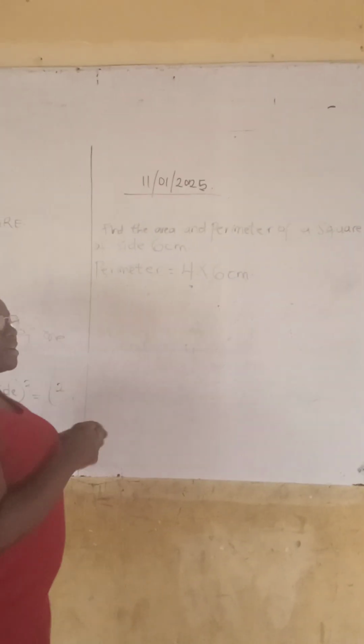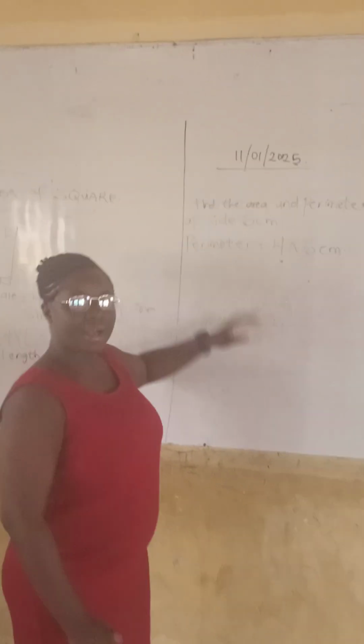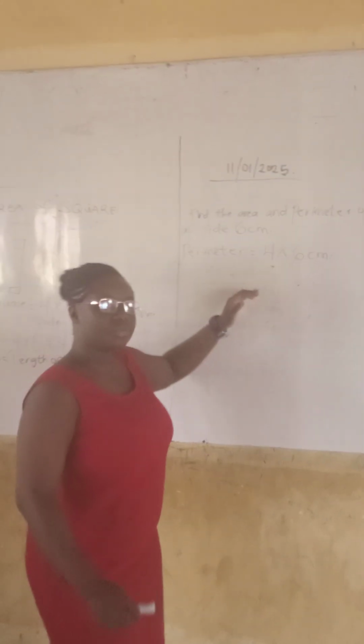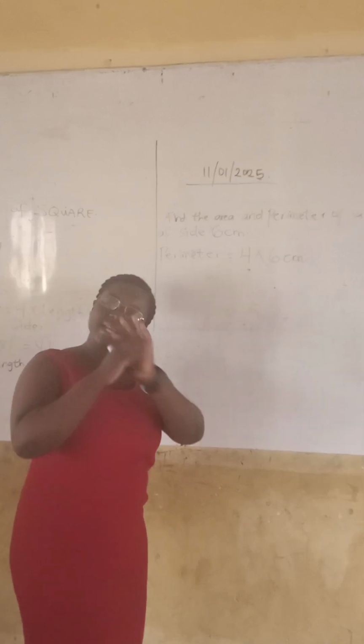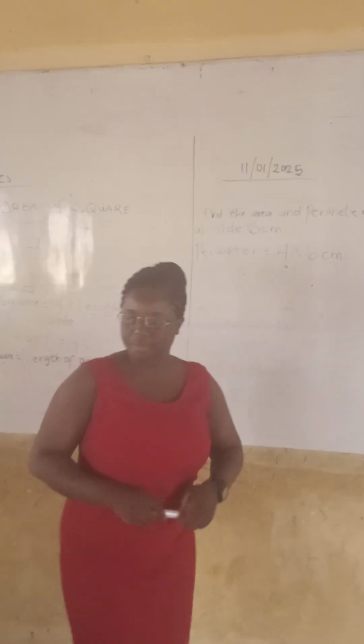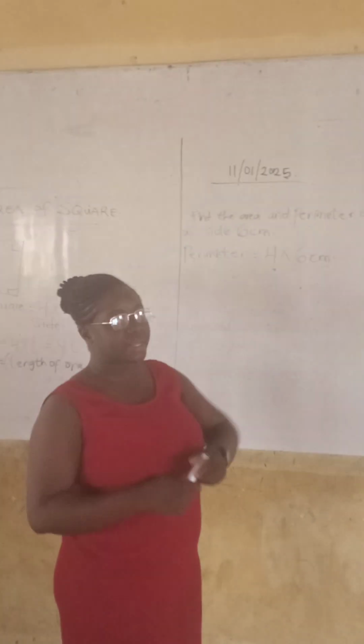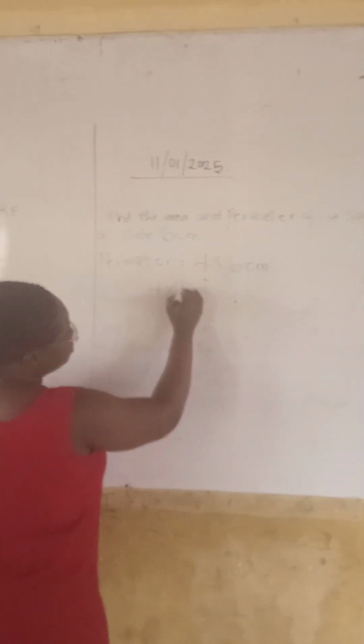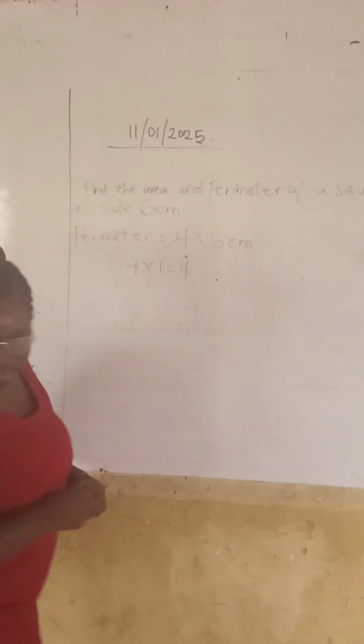Whenever we are doing multiplication, I always tell learners that we use repeated addition. So we will multiply 4 by 1, which gives us 4.